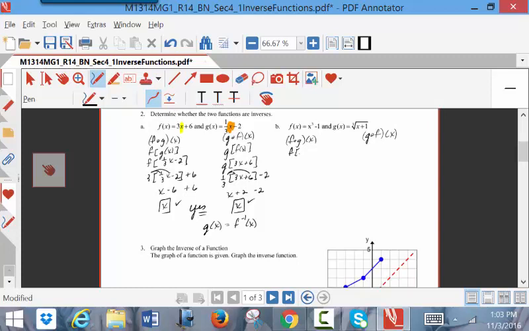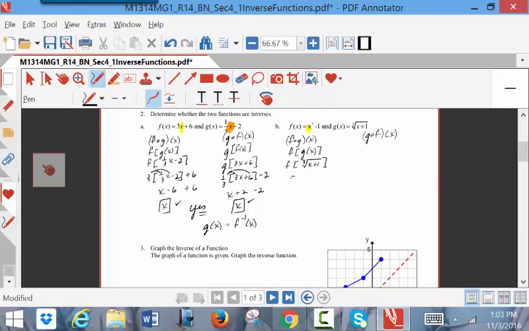So this is f of g of x. So this is f of, what is g of x? G of x is the cube root of x plus 1. Okay, I go to the f function, find the x in your f function right here, and I replace that x with that cube root of x plus 1.